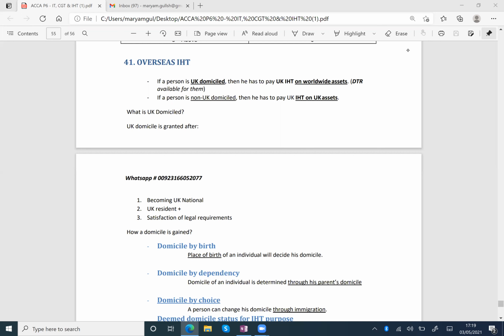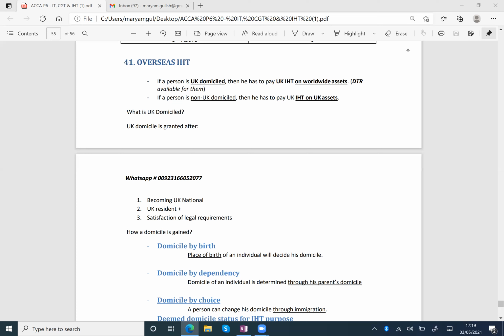If a person is UK domiciled, domicile in short, you can say domicile means you have a nationality of UK. So domicile means nationality, UK nationality holder. So if you are UK domicile, then you have to pay UK IHT on worldwide assets.